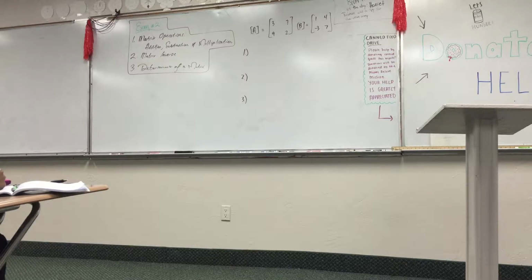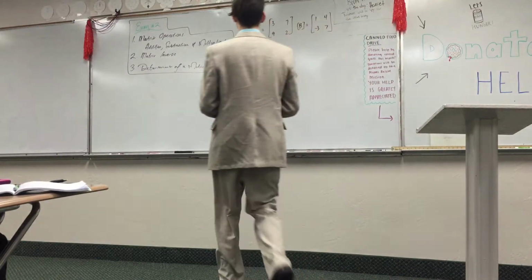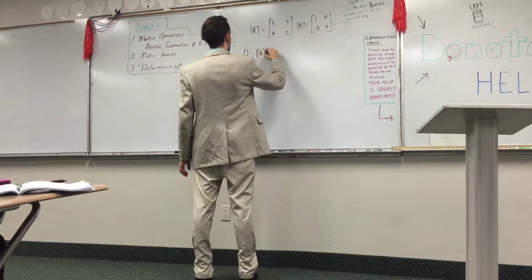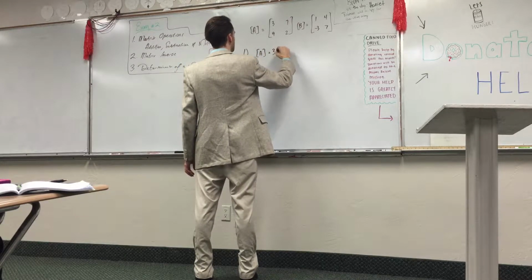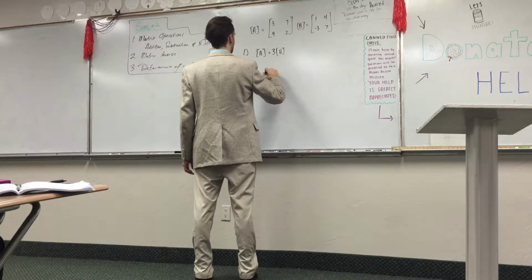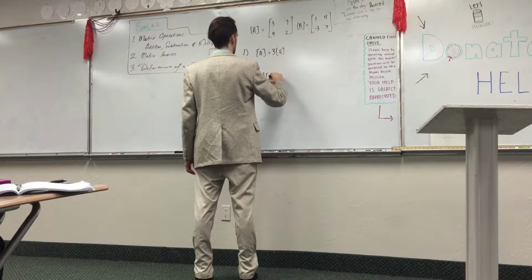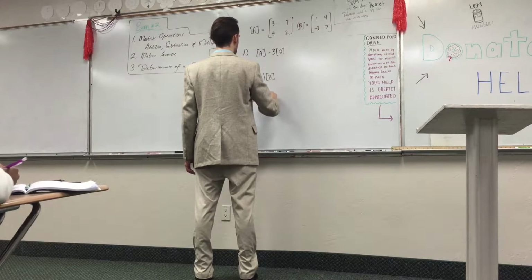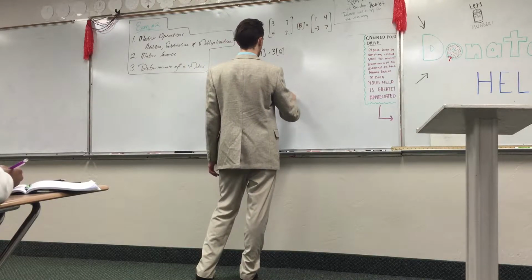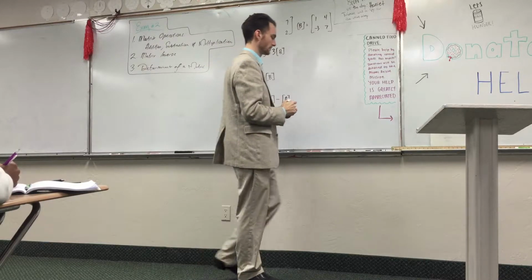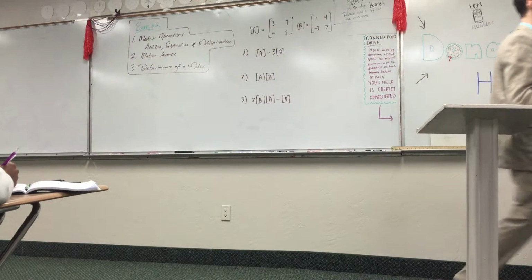Find A plus 3B, A times B, and 2B times A minus A. You can do all those, you're fine.